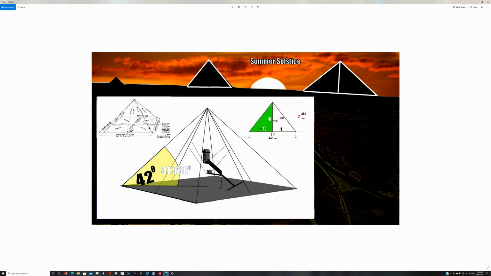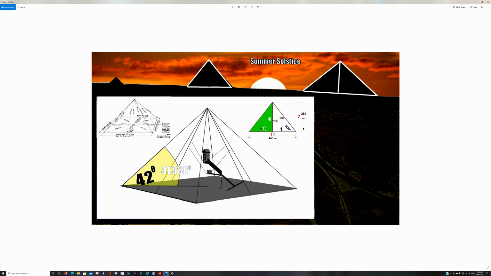But again, there are slight variations on each side. And even if working on the idealized 41.986, that's 14 hundredths of a degree from the perfect. But if you include the slight variations, it all comes together and works very nicely.